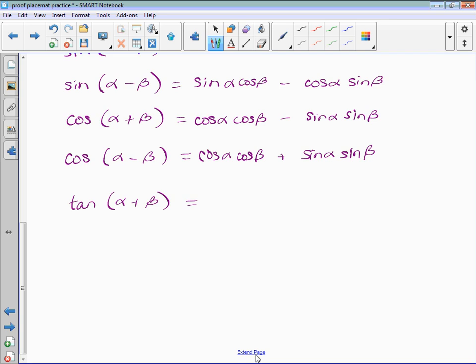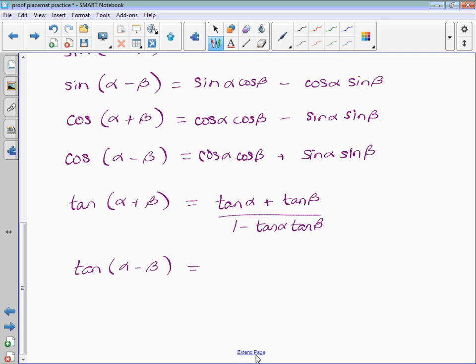Okay, so this is tangent of alpha plus tangent beta over 1 minus tangent of alpha tangent of beta. So what do you think it's going to be for tangent of alpha minus beta?